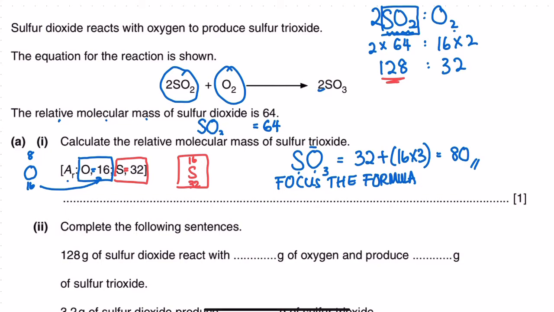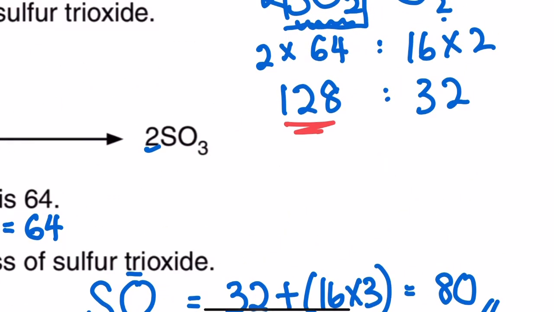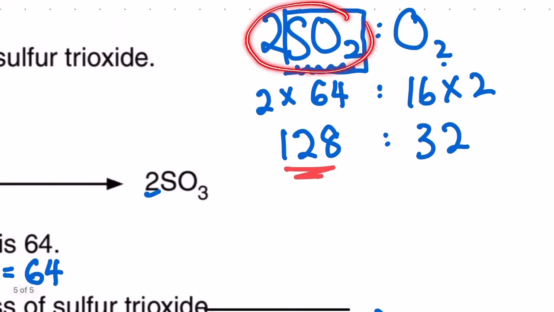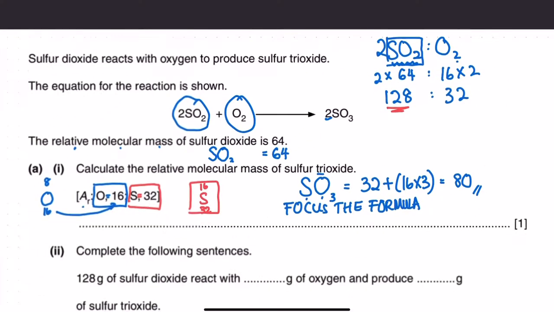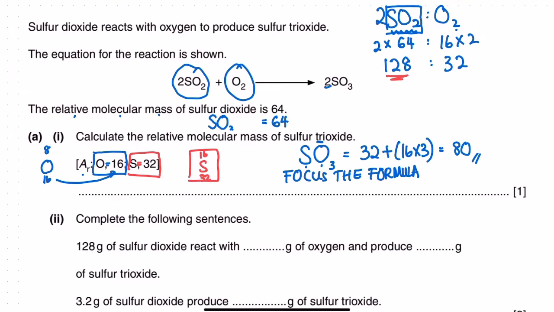So it is literally 128 gram of sulfur dioxide reacts with how many of oxygen? 32 gram. So this is already the answer, 32 gram of oxygen. So we can write it here.